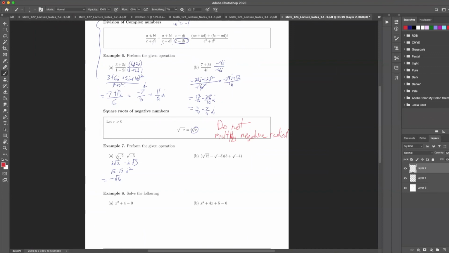And what I mean by that is, don't take -2 multiplied by -3, because you're going to get +6. Notice here the correct answer is minus square root of 6, not square root of 6. And so you have to be very, very, very careful with that.